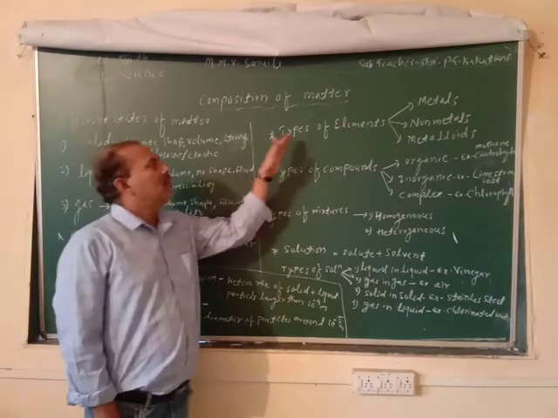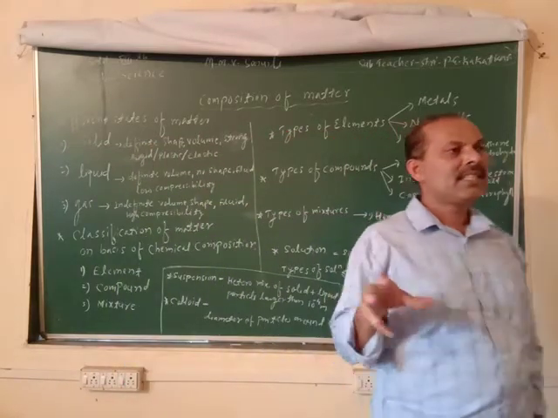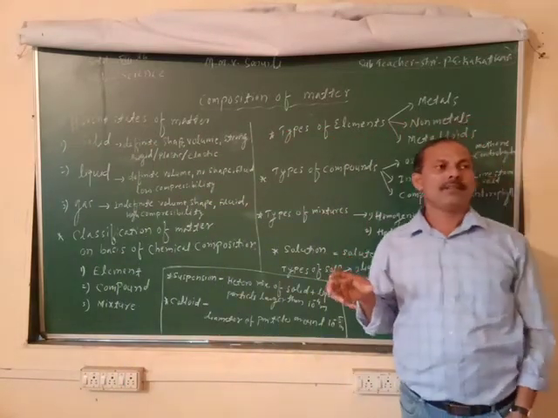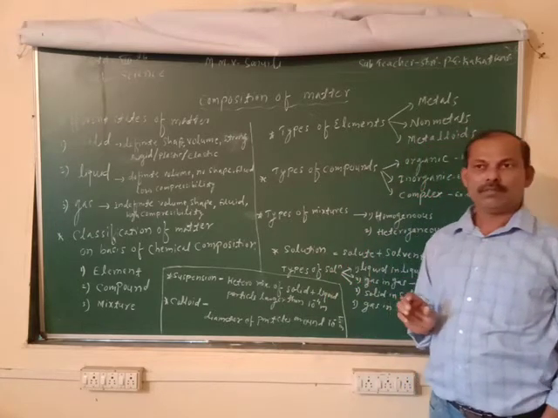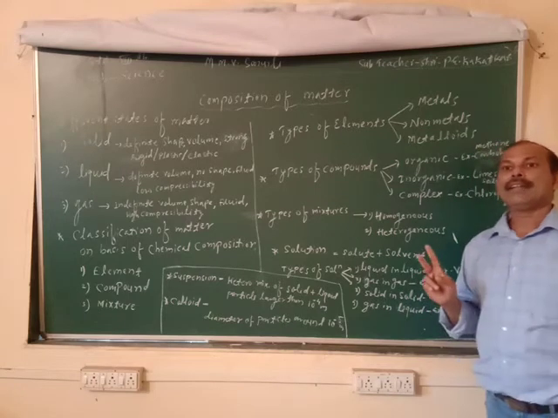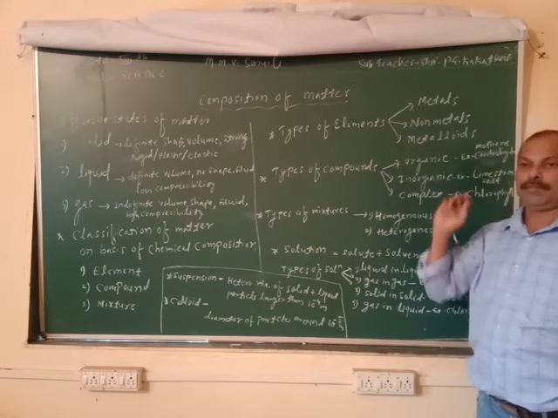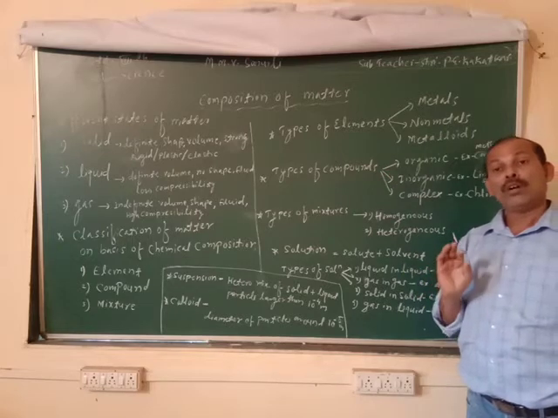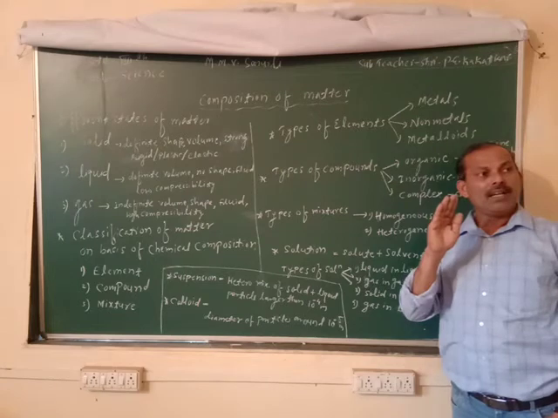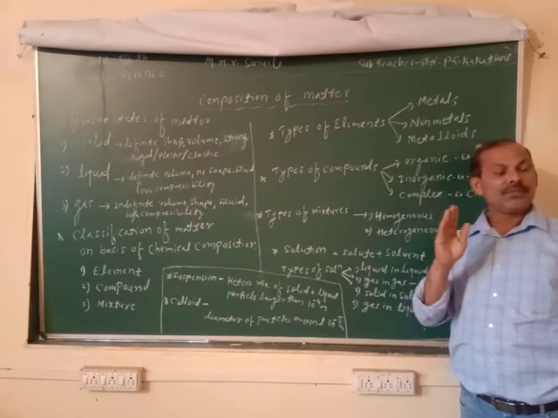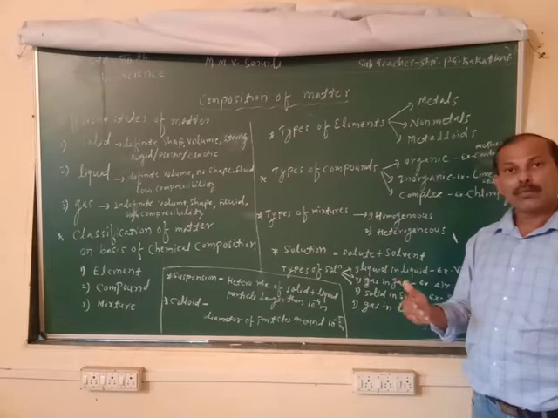Then we see about types of elements. Elements means the matter having the same type of atoms, but elements also we can divide into three types. You already know about metals and non-metals. Around 190 to 120 elements are discovered till today.